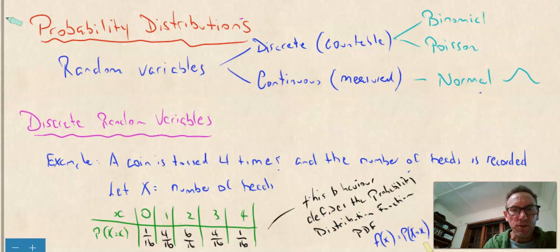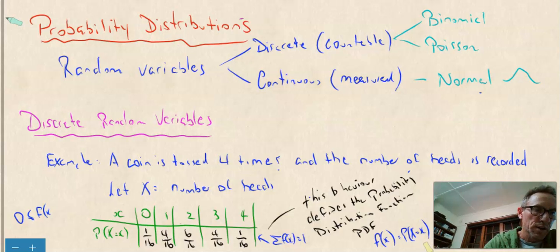Now the sum of these f(x) values has to equal 1, of course, and all our values in here have to be between 0 and 1. So nothing new about this. We are just putting it in a different language. So that's board number 1.